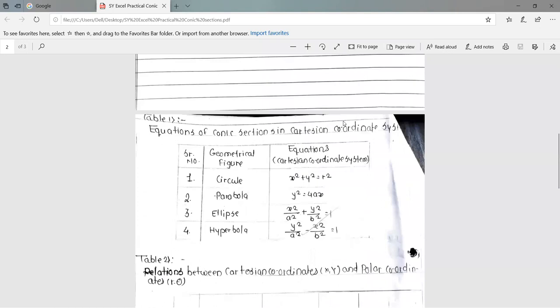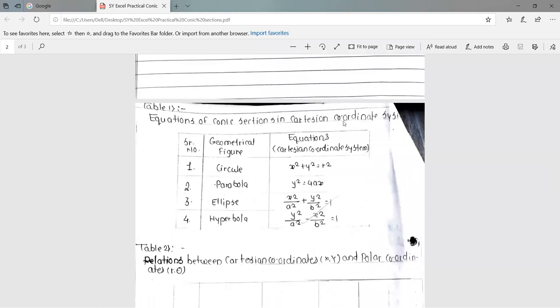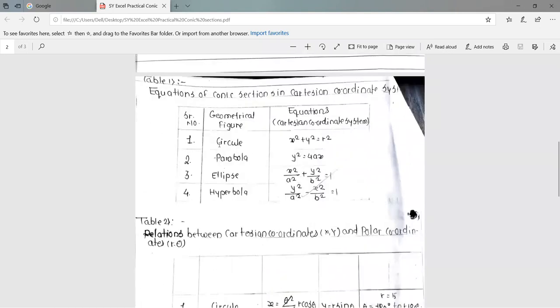Before that, you must know about the equations for different geometrical figures. For a circle, the equation is x square plus y square is equal to r square. The equation of a parabola is y square is equal to 4ax.